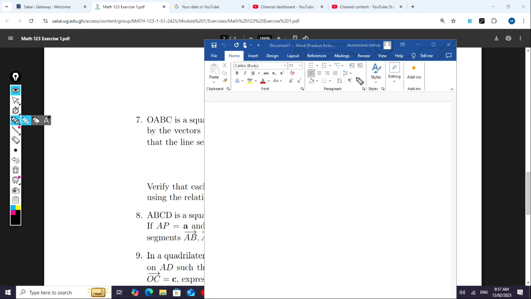So question 7 reads: OABC is a square. Let's start drawing OABC. I have something like this as my square.